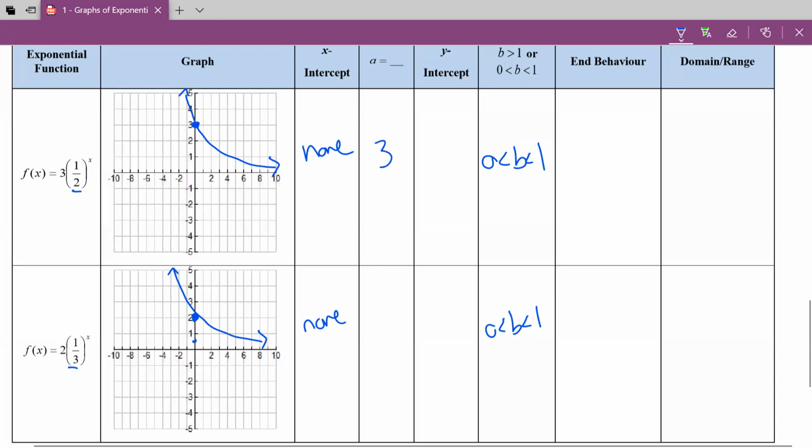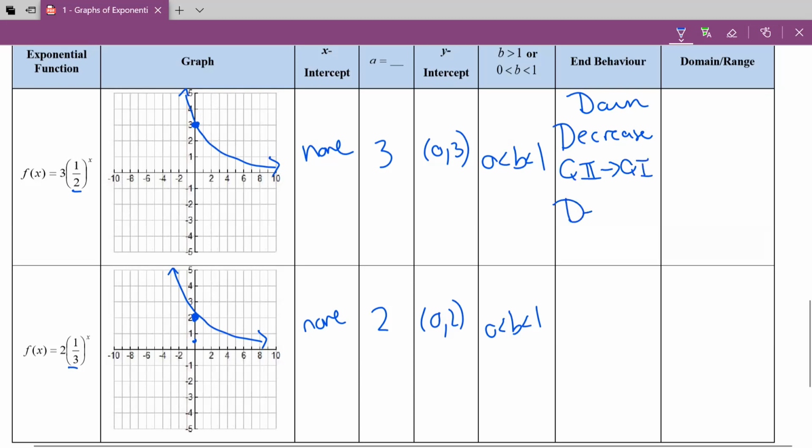Okay, the a value, 3 and 2. I'm hoping you can already see the link that that a value is the y-intercept. We'll talk about why that is in a minute. Okay, end behavior, well, instead of calling this thing an increase, I could say it's going down, but a better term for that is it's decreasing. It's still going from quadrant 2 to quadrant 1.